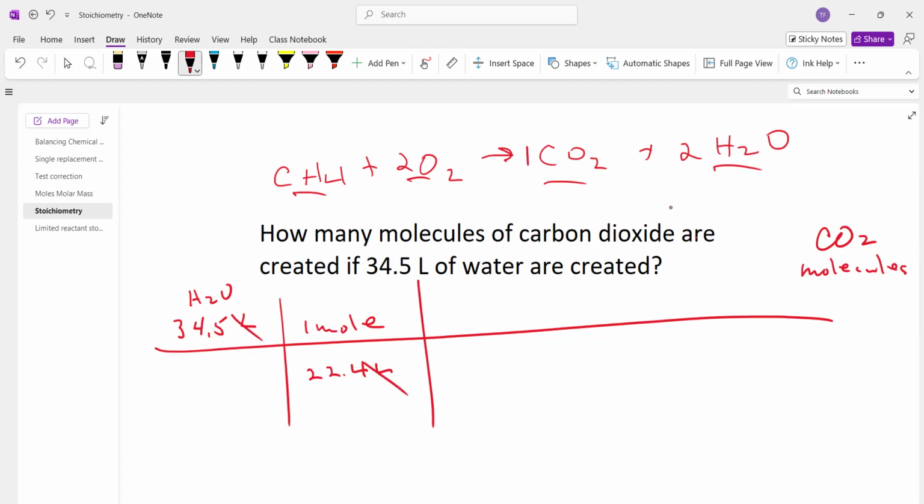Now we're in moles of water. Now we need to go from moles of water to moles of carbon dioxide. From the balanced equation, it's 1 to 2. Now we've got moles of carbon dioxide. Now we're going to go to molecules of carbon dioxide.